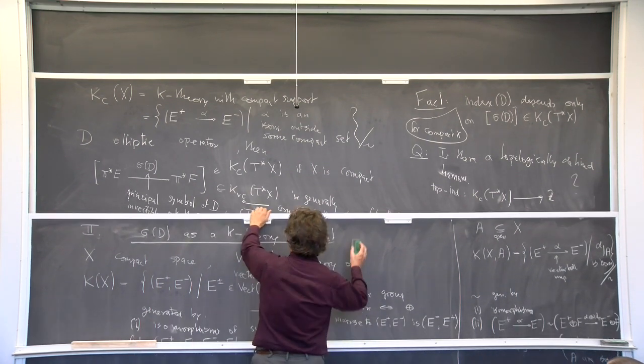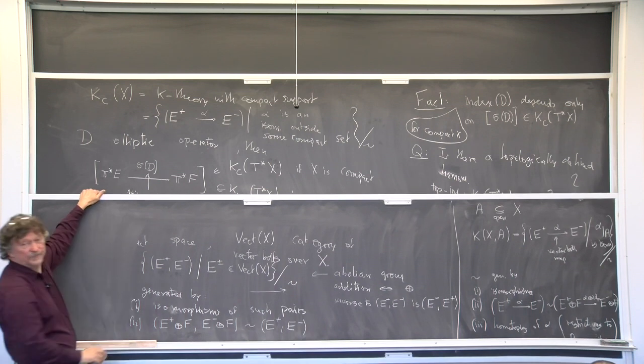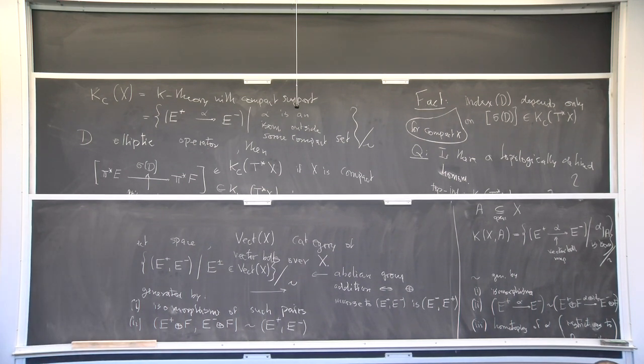So that's the next thing we want to talk about. Is there some way to think about this K-theory class as being fetched from something attached to the patches on X? Well, the symbol, the principal symbol, is defined patchwise if you want to, and in the language of K-theory classes you could assemble it.